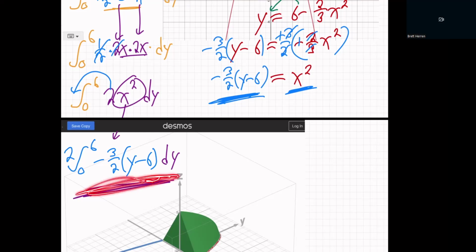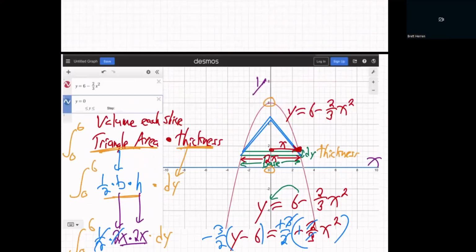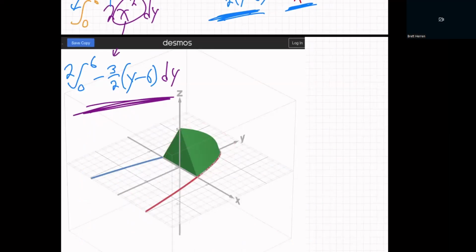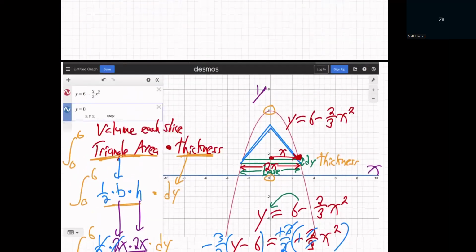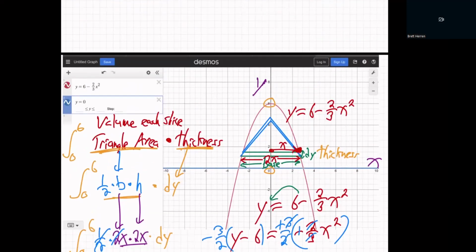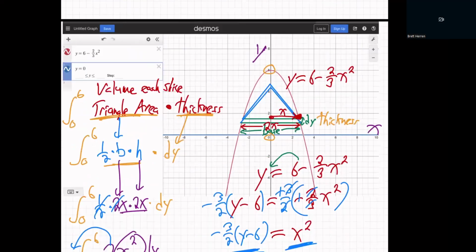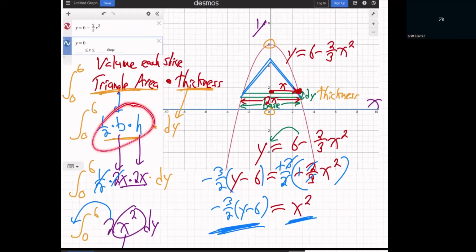There is the setup of the integral that will find the total volume of this bread, because we're slicing it like that, right? We're doing these slices. And so there's the total volume of it. How do we get it? Well, each piece of bread is a triangle, and the thickness is dy. And how do you find the area of a triangle? Half base times height.